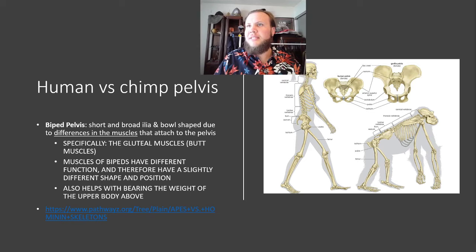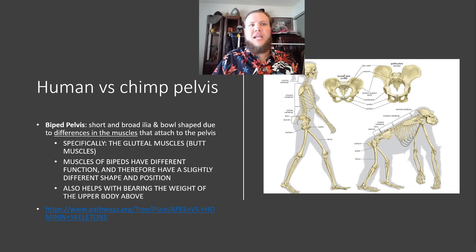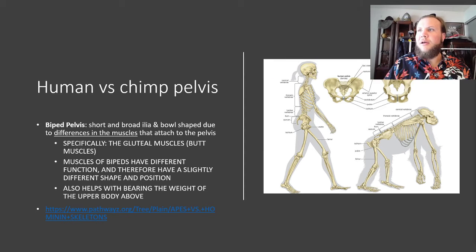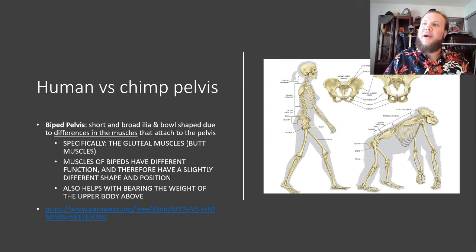And what we see here too, you notice how narrow and bowl-shaped our pelvis is versus a gorilla pelvis here. So that means that we're more adapted to walking upright and they're more adapted to knuckle walking.